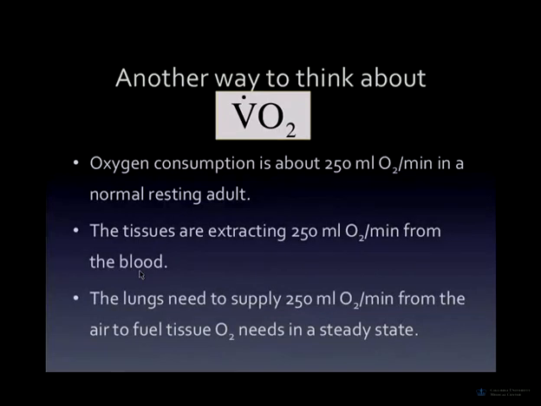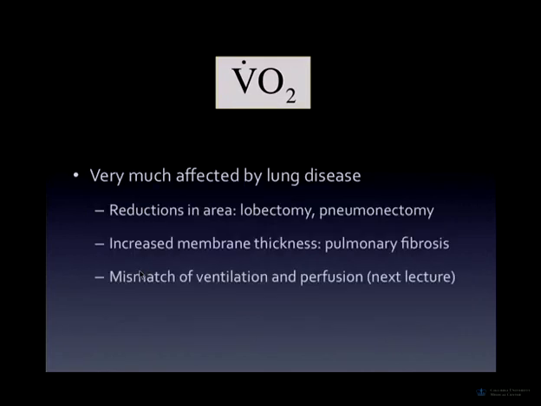And the lungs need to be able to supply all of that fuel, that 250 milliliters of oxygen per minute from the air, from alveolar gas specifically, to fuel tissue needs and keep arterial oxygen concentration the same in a steady state. VO2, unlike VCO2, is very much affected by lung disease. And you're going to talk specifically about ventilation and perfusion matching and mismatching very shortly.